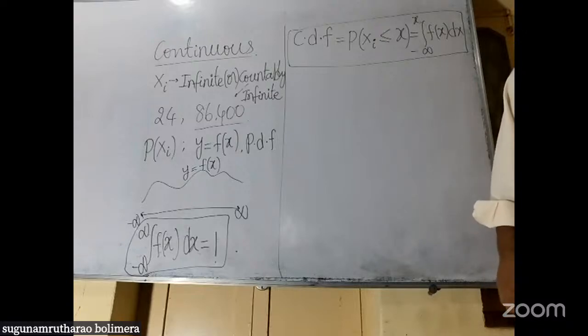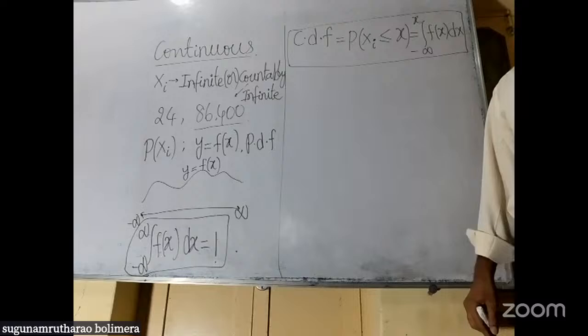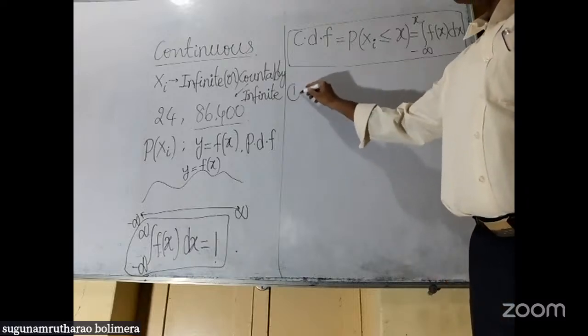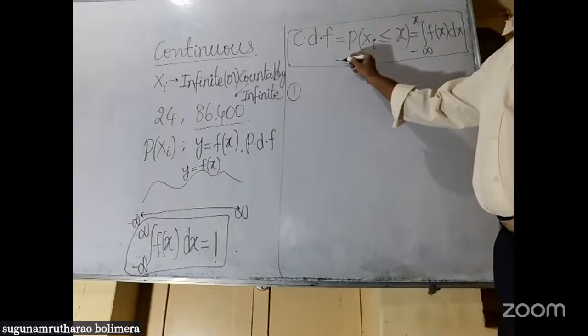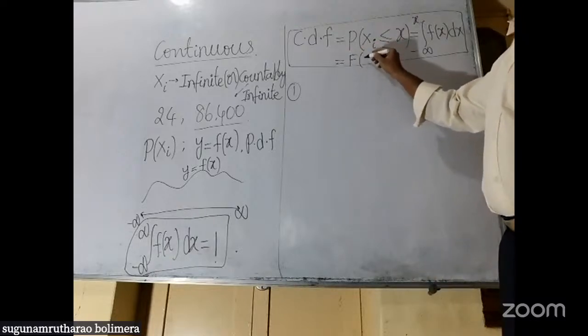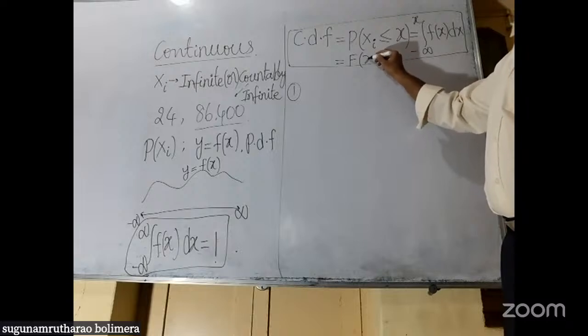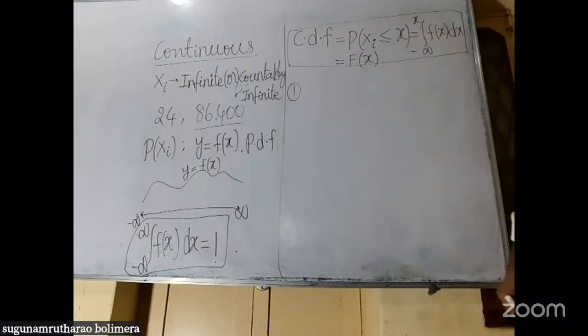Here we have a few simple properties. Write down the first property. This cumulative distribution function is denoted by capital F of small x.